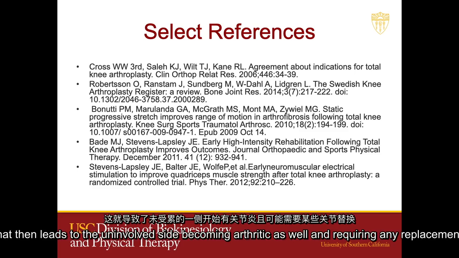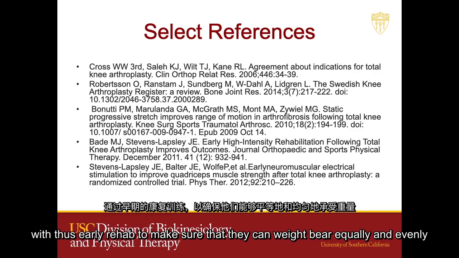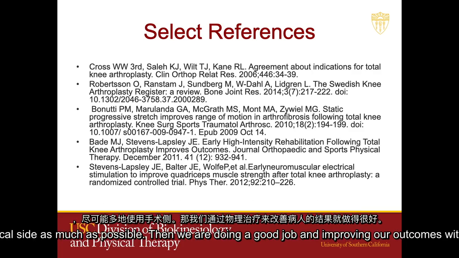And unfortunately, that then leads to the uninvolved side becoming arthritic as well and requiring a knee replacement. So if we can avoid that with this early rehab to make sure that they can weight bear equally and evenly and use their surgical side as much as possible, then we are doing a good job in improving our outcomes with physical therapy.